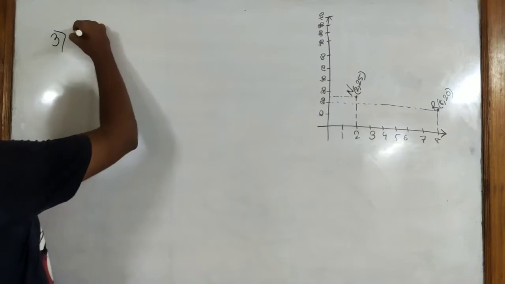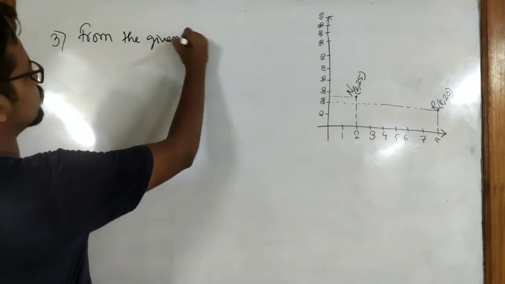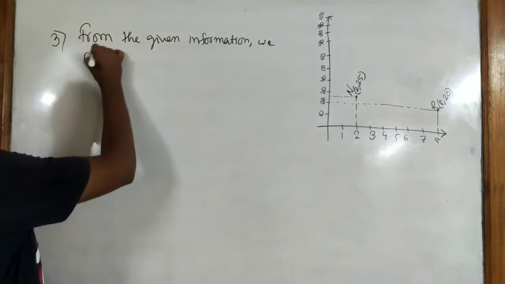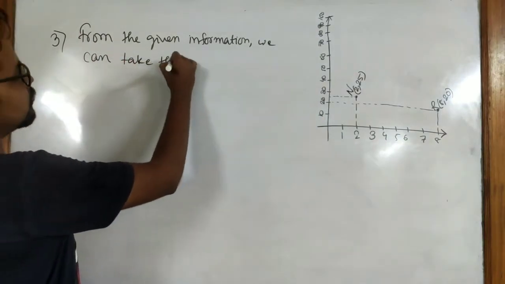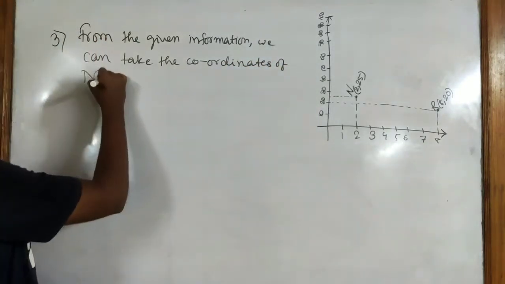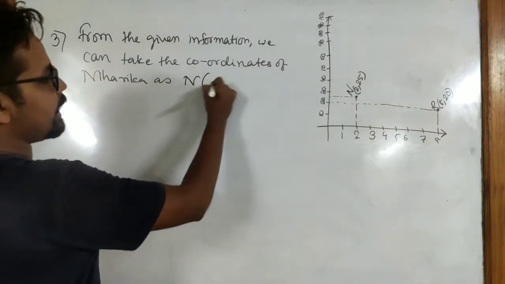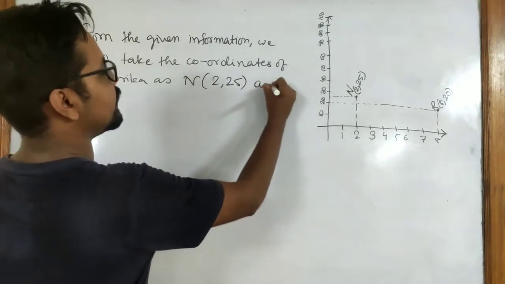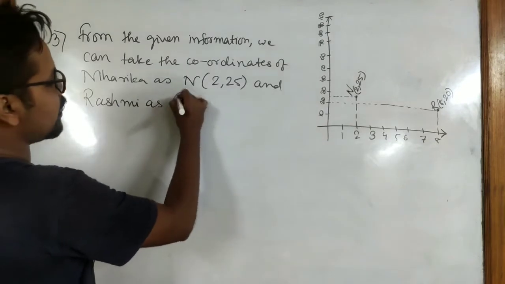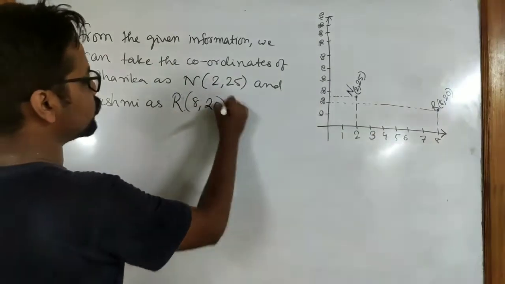From the given information, we can take the coordinates of Nihadika, let us give the name N, (2, 25), and Rashmi as R, (8, 20). So these are the 2 coordinates.